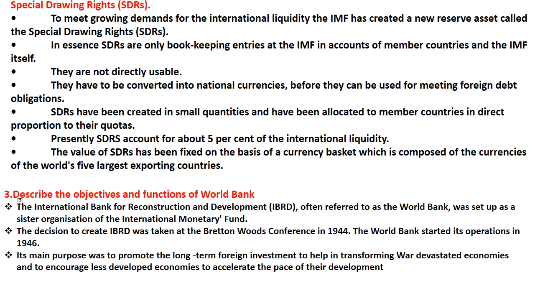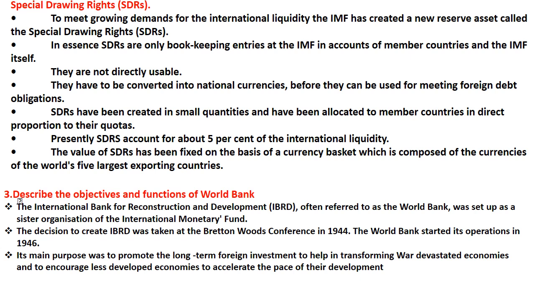At the Bretton Woods conference in 1944, two organizations came into existence. First is World Bank and second one is IMF. So IMF and World Bank are twins or sister concerns. The IMF and International Bank for Reconstruction and Development, that is IBRD, which was referred to as World Bank.